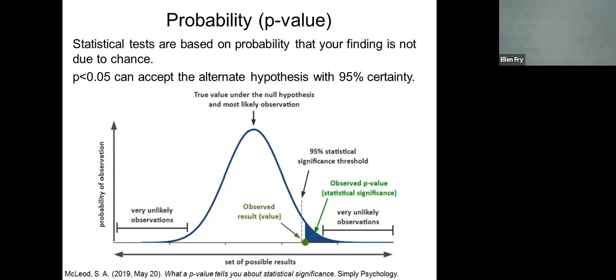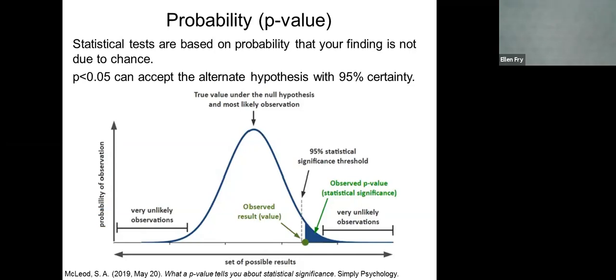The graph here shows the probability distribution of your data set. On the x-axis is the range of all possible results that could be generated of your dependent variable. On the y-axis is the probability of observations. We can see that the highest point of the bell curve is the most likely outcome for our experiment.